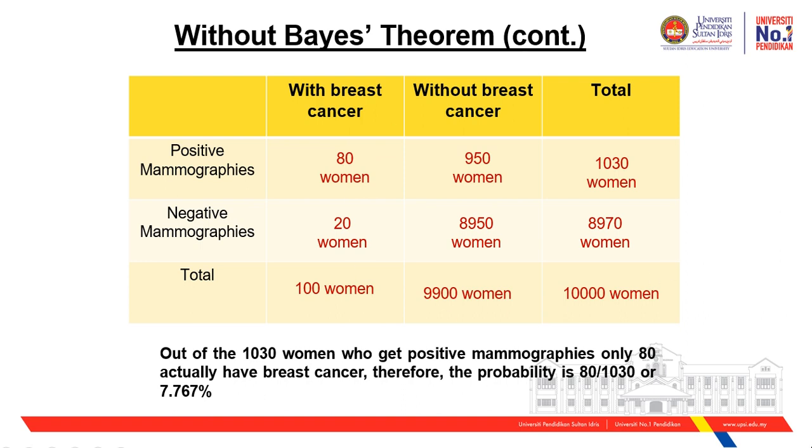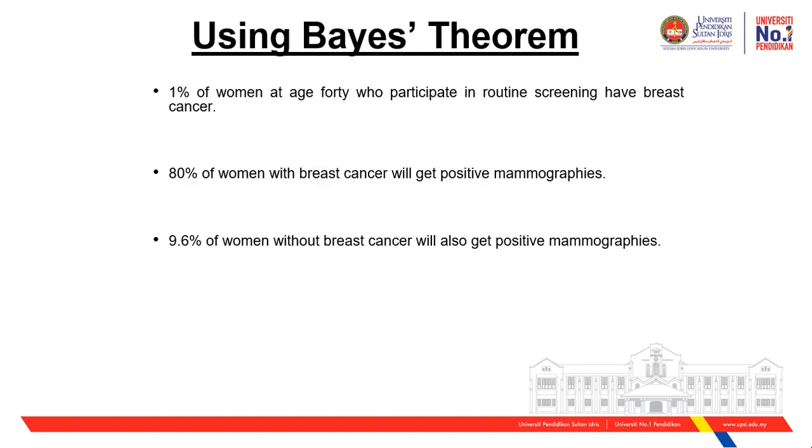So this is how you find the solution without Bayes theorem, which means you need to assume a certain number of people. Next I will show you how to solve this using Bayes theorem.